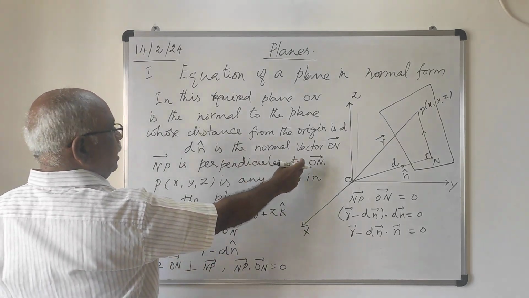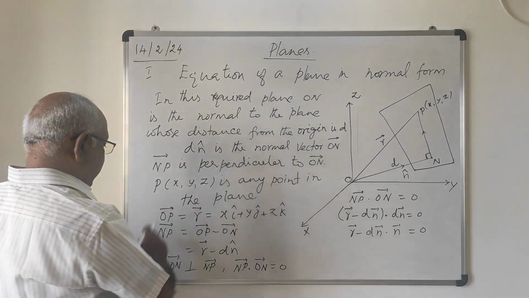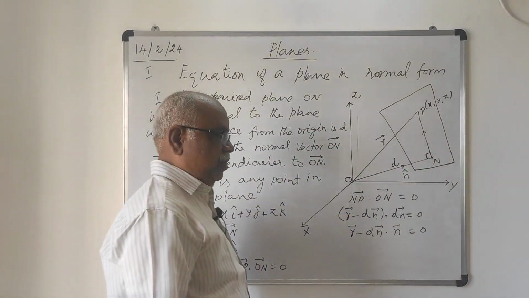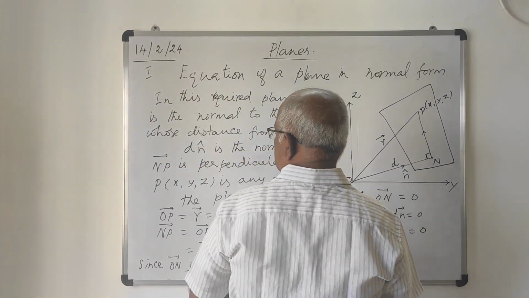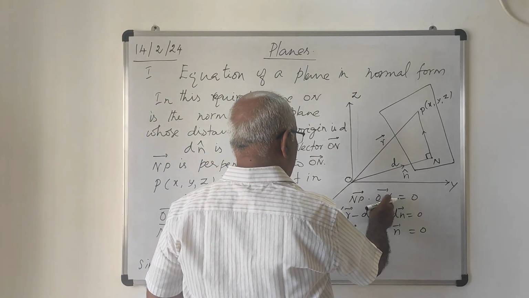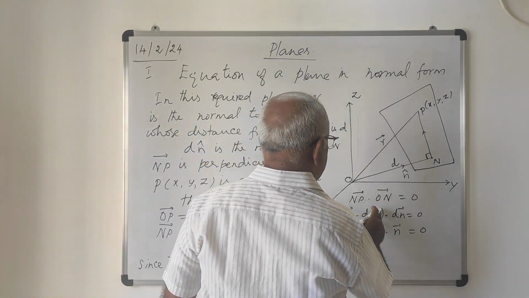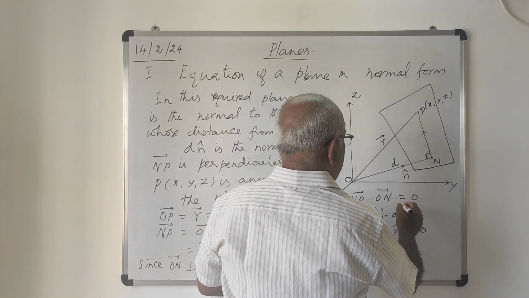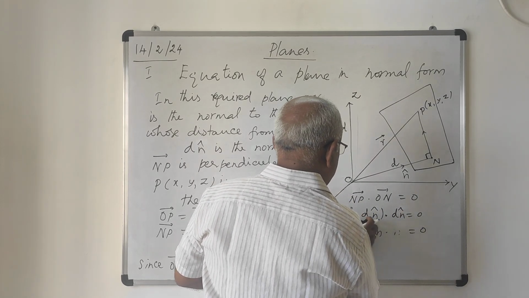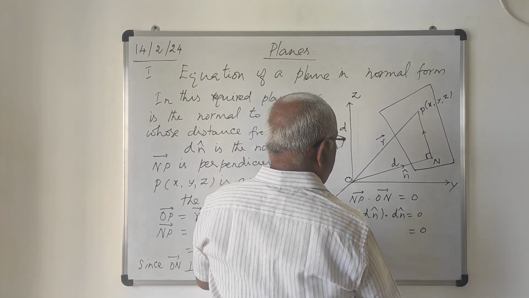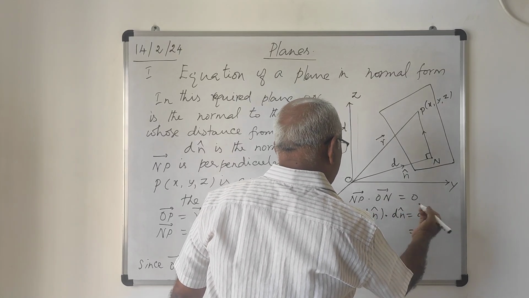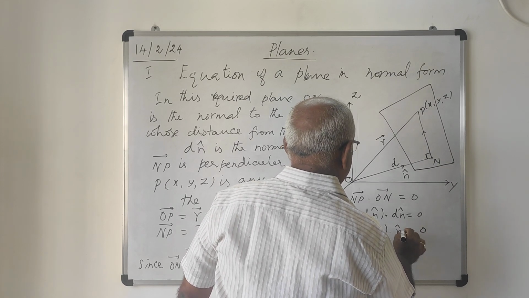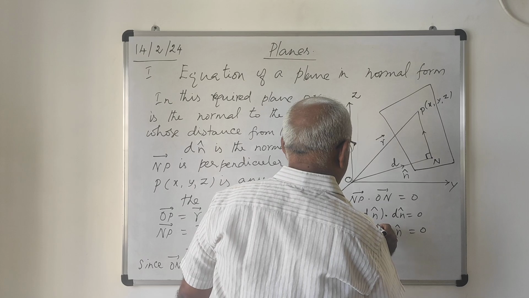ON vector is D into n cap, where n cap is the unit vector acting along the direction ON and the distance ON is D. So R minus D n cap dot n cap equals 0.